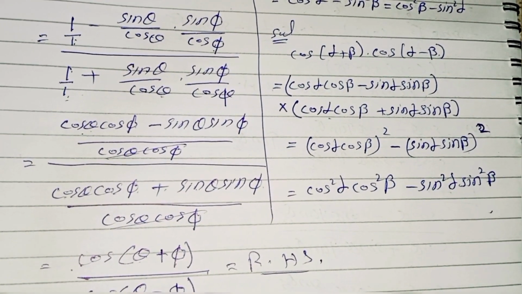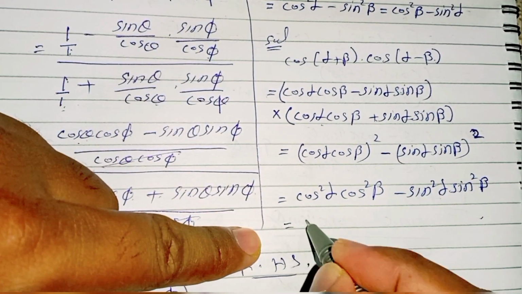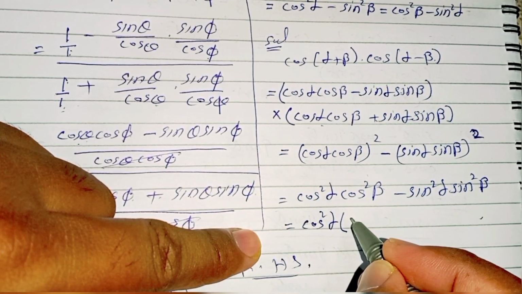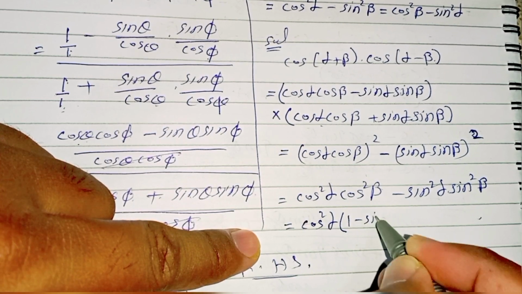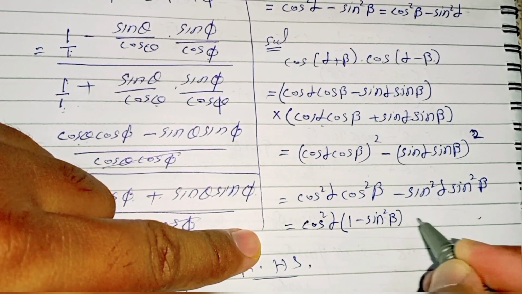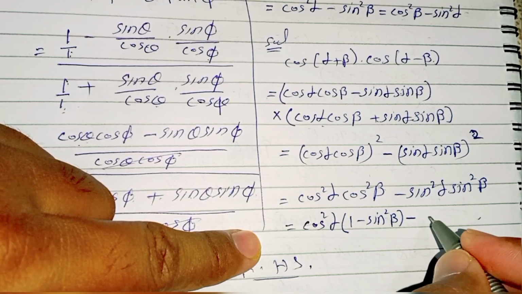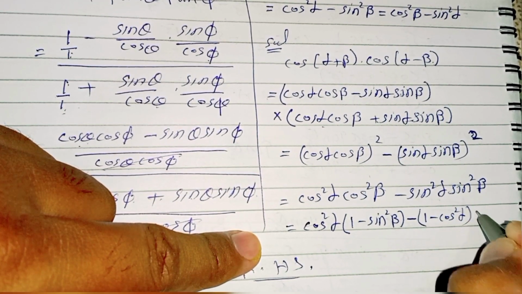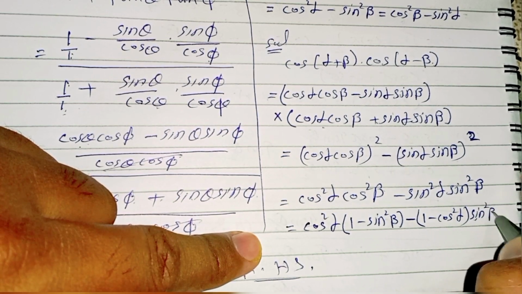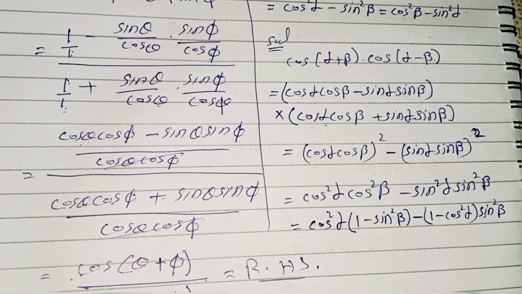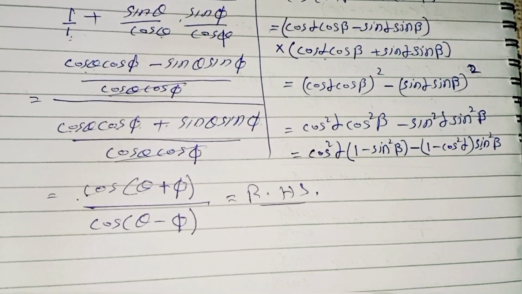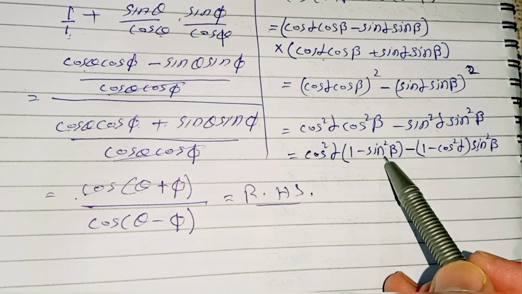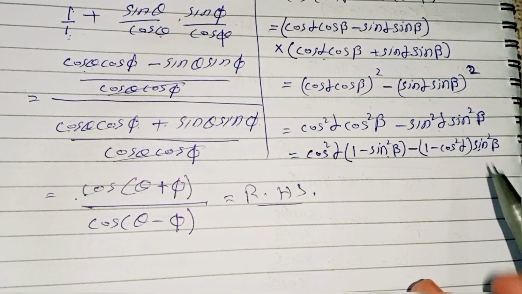Since, by fundamental identities, we know that sin square theta is equal to 1 minus cos square theta and cos square theta is equal to 1 minus sin square theta. So cos square beta we wrote as 1 minus sin square beta, and sin square alpha as 1 minus cos square alpha.